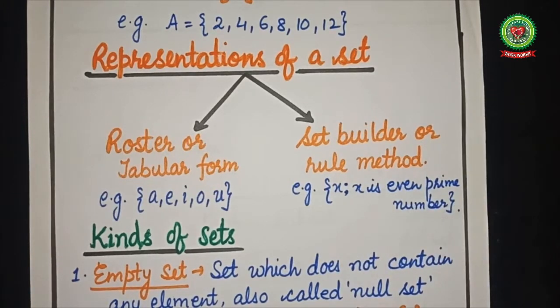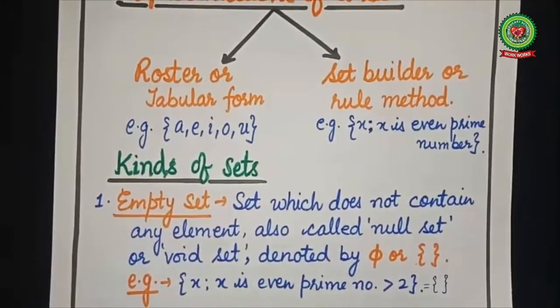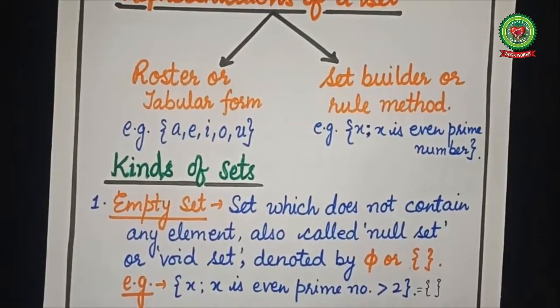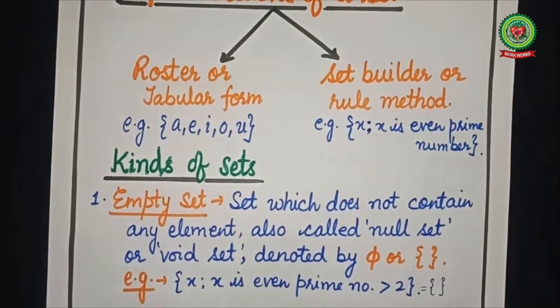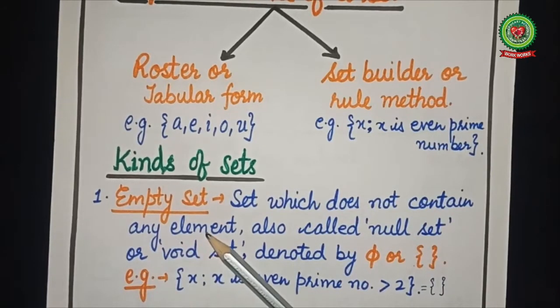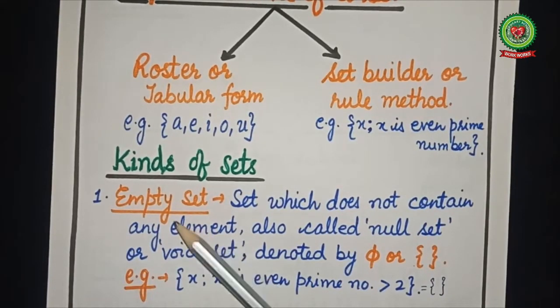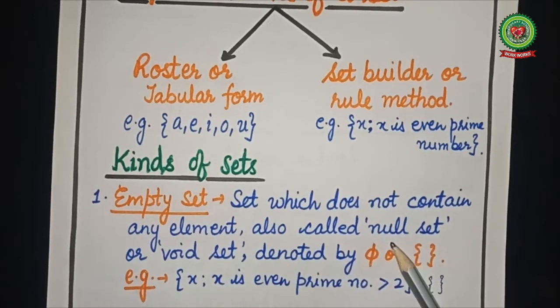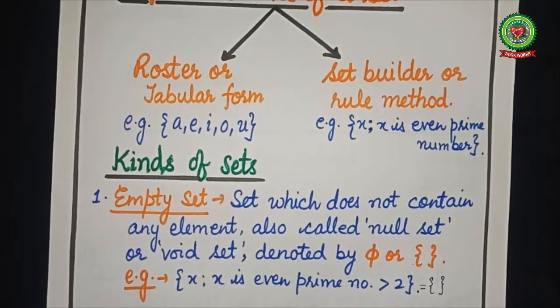Now, next is kinds of sets. Very first type is an empty set. A set, as the name suggests, which does not contain any element, which is empty, is called the empty set. It is also called null set or void set and denoted by phi or only curly brackets with nothing inside them.